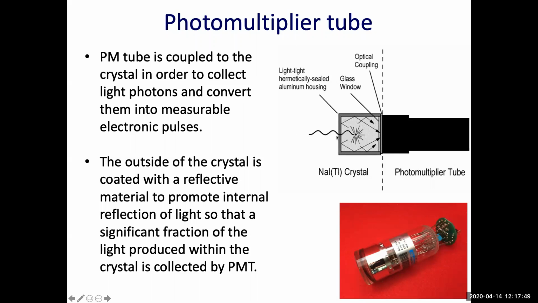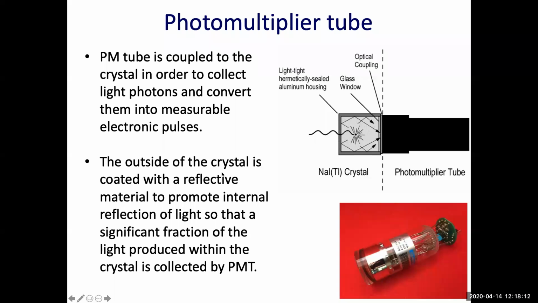So incident radiation interacts with a crystal and produces light photons. These light photons are detected by the photomultiplier tube, which converts the light photons to electronic pulses, from light photon to electron again, to get the signal as an output signal.